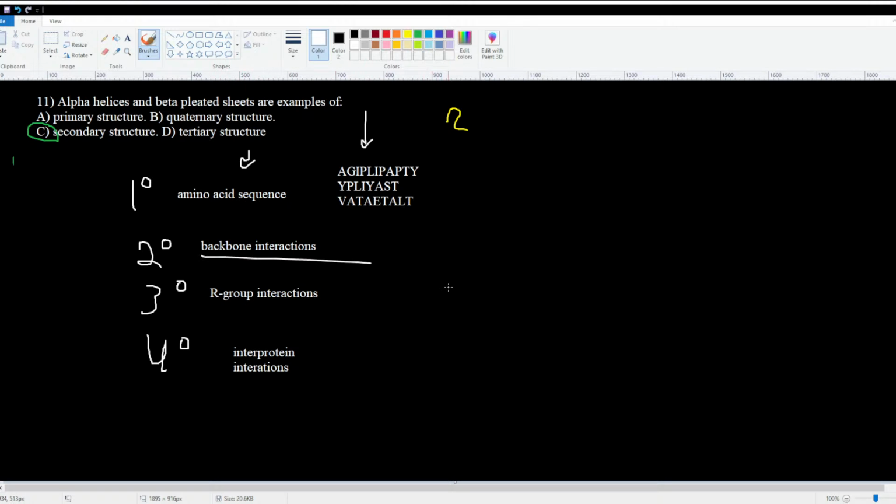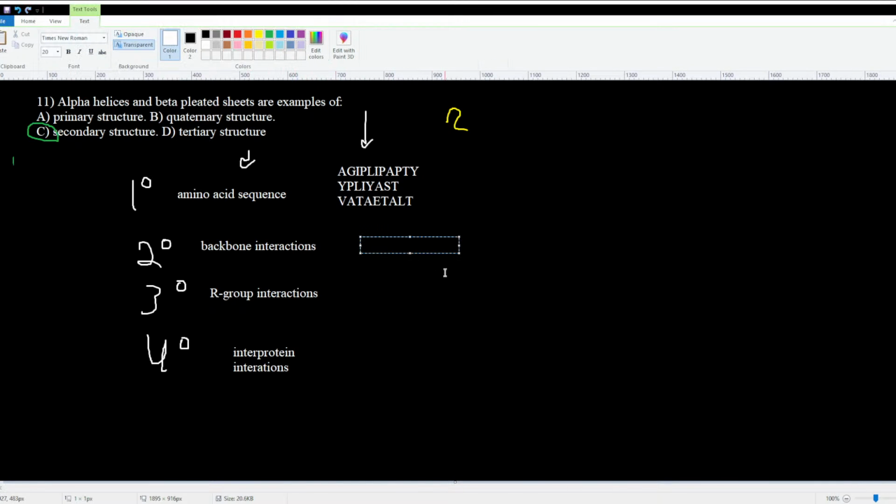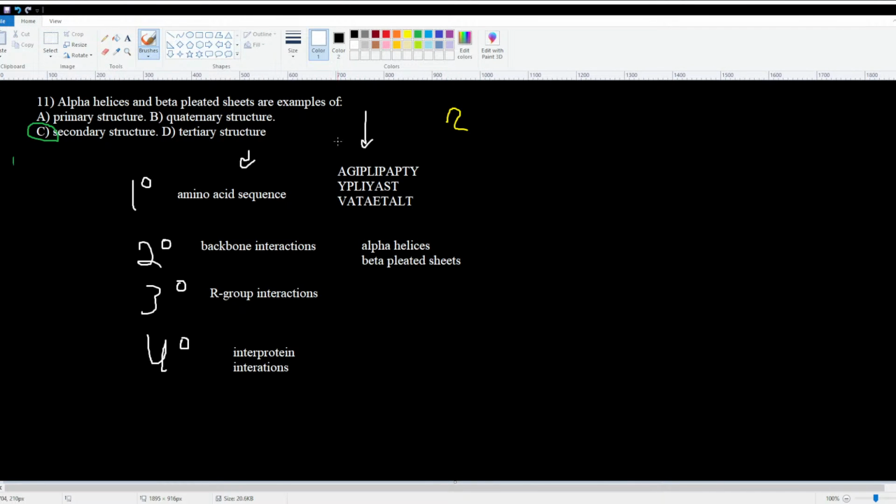So how about backbone interactions, right? Backbone interactions include two different things: alpha helices and beta pleated sheets. And so what do these mean? When we're talking about backbone interactions, we're referring to the amino acid backbone interactions.